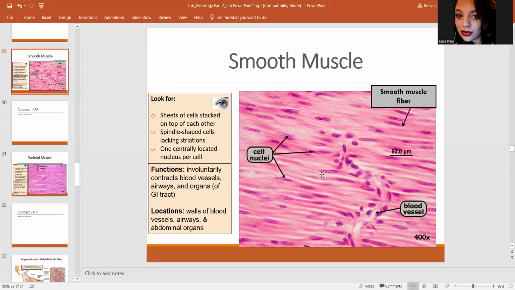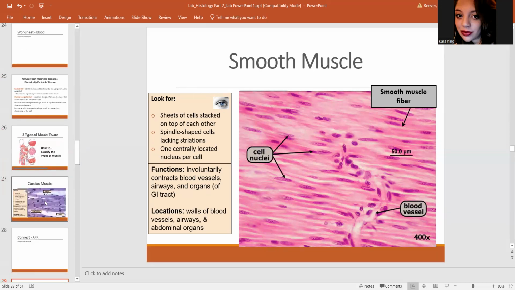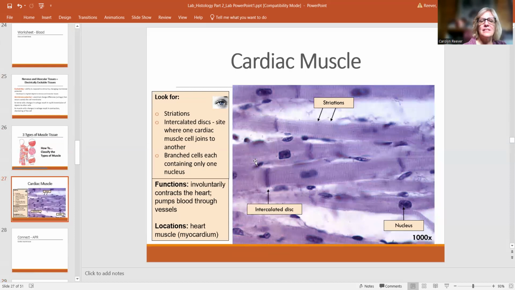Well, I can tell the difference with the cardiac muscle, if there's a slide of that, because I can see the intercalated disc. Very good. Yep, and that's the giveaway for them. The other thing you're going to see is how there's some space in between them. There's some branching going on. But yes, those intercalated discs, that's the giveaway for cardiac muscle.